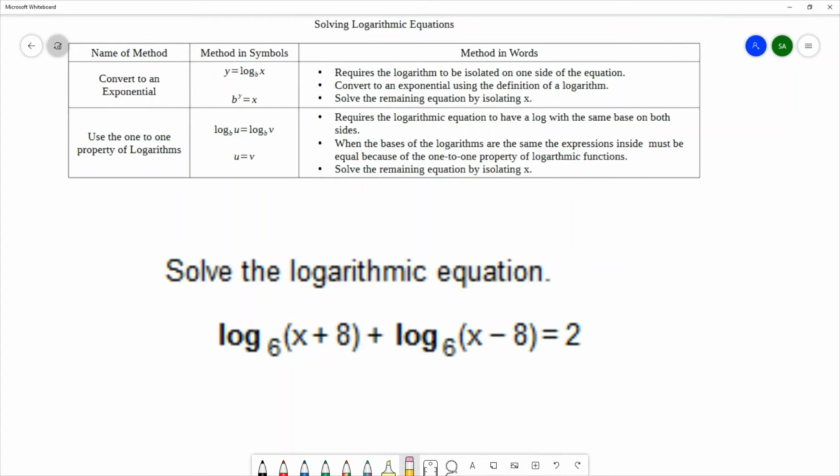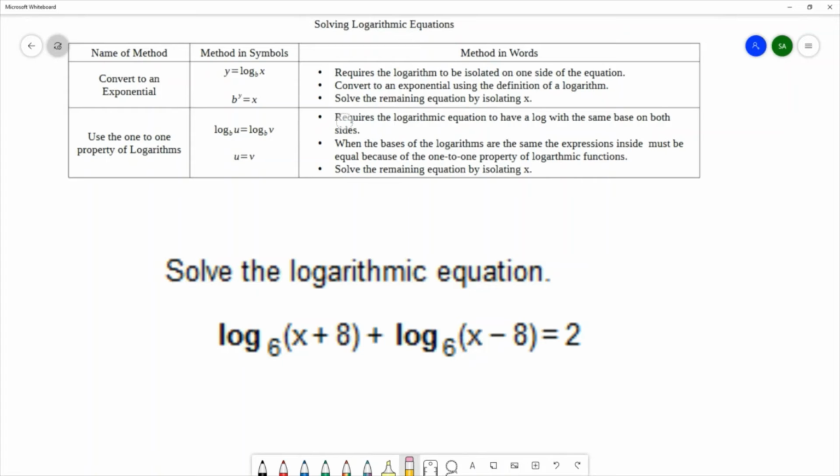As we said, the first method requires that you have a log that is isolated on one side of the equation. We don't have that. We have two logs that are on one side of the equation.